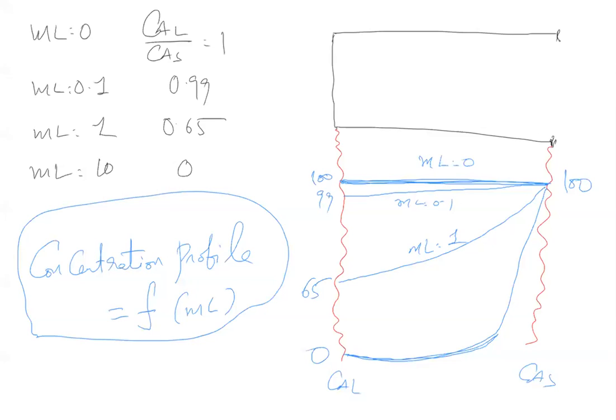L is the axial length of the pore. Correct. Ca is concentration on the surface. So what you say from here is diffusion resistance depends on ml.